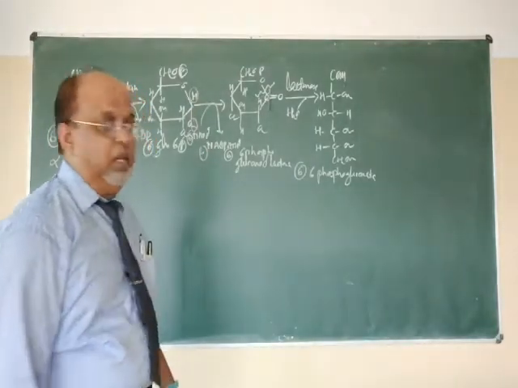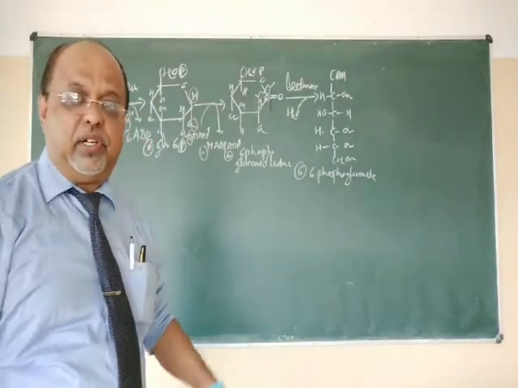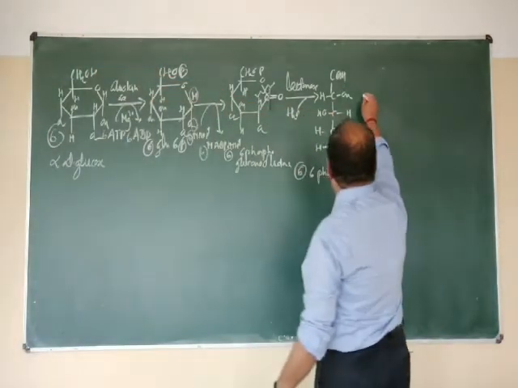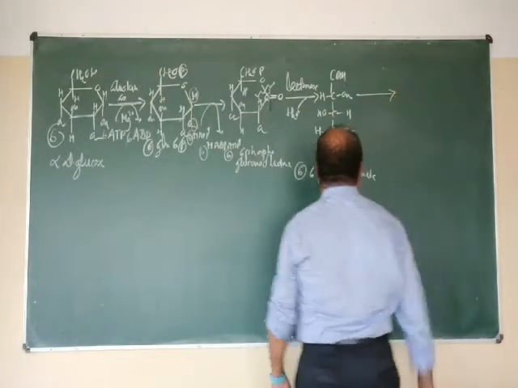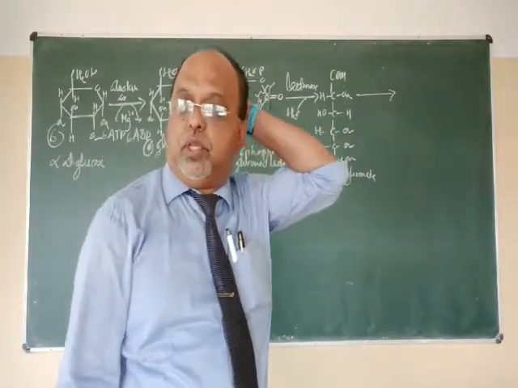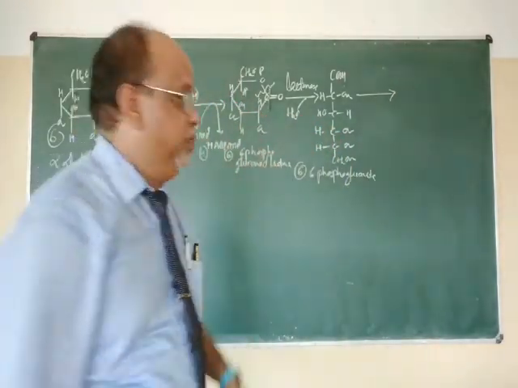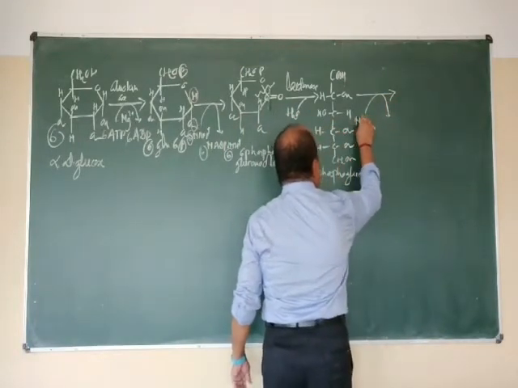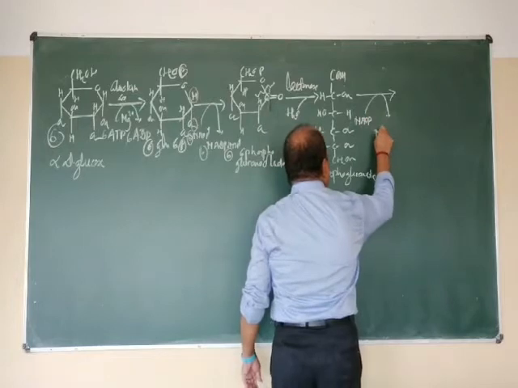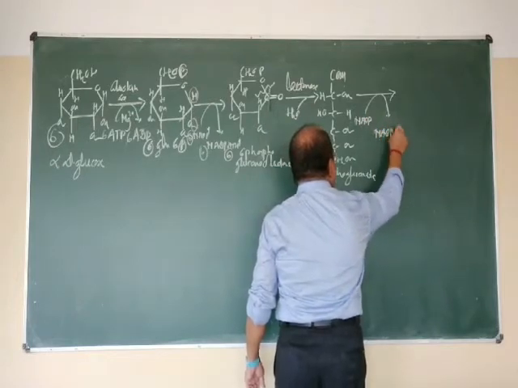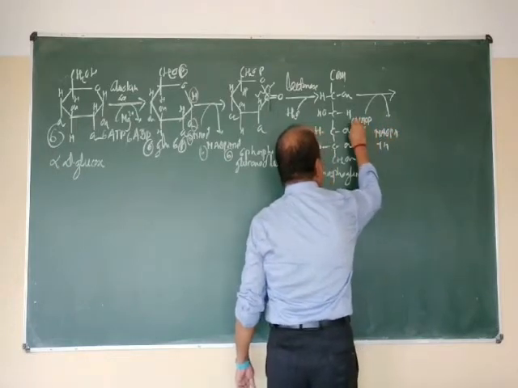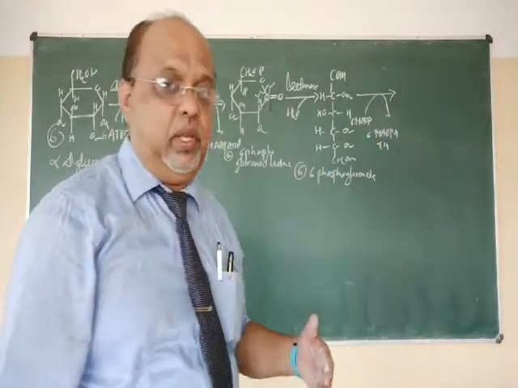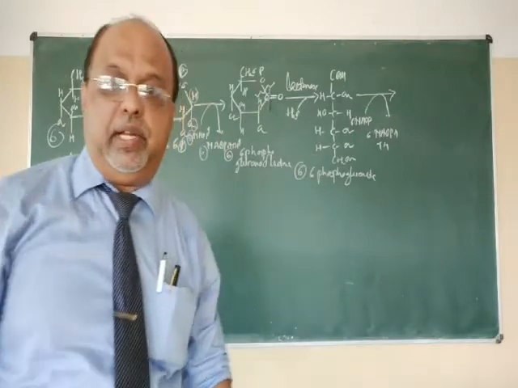Now in the next step, a further dehydrogenation reaction occurs, meaning oxidation occurs, and this is catalyzed by the enzyme 6-phosphogluconate dehydrogenase. During the reaction, again NADP acts as an electron acceptor. 6 molecules accept the electrons from the 6-phosphogluconate.